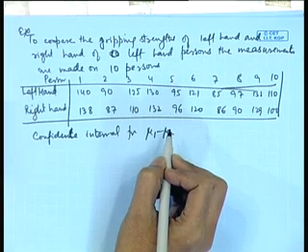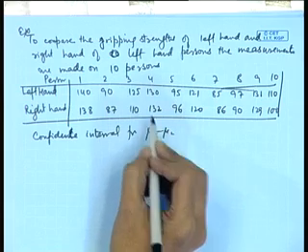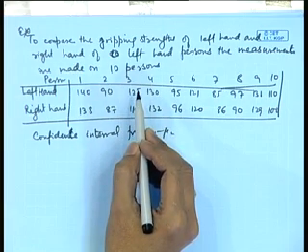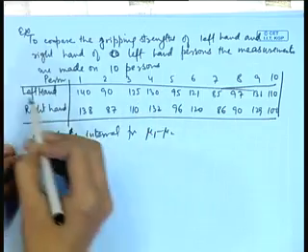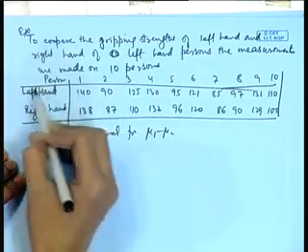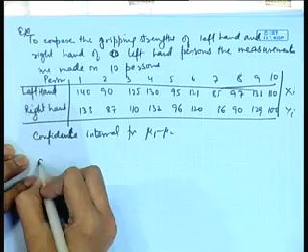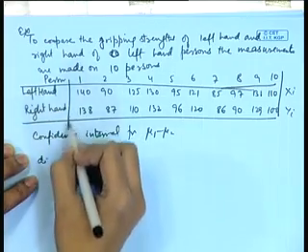Now, observe here that this is the data related with correlated observations. So, let me call this the first set: this is x i data, this is y i data. So, we will look at d i's, the differences here.